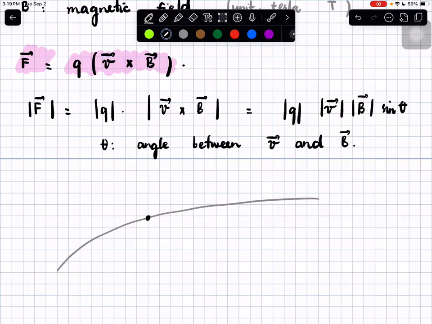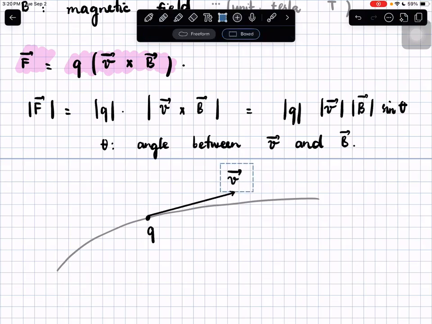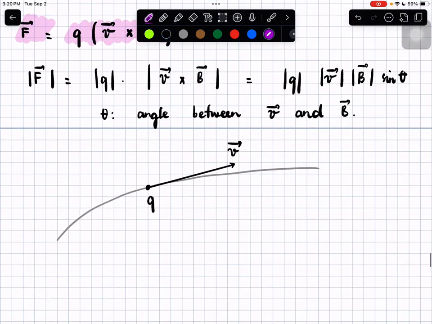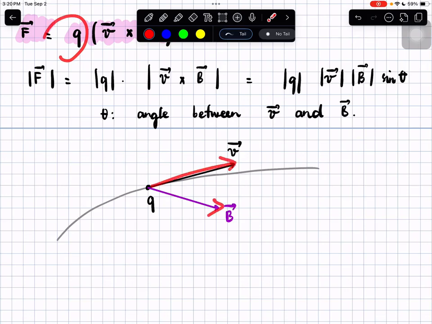We have Q, the charge here, and the velocity is a vector, vector V here. At this position, the magnetic field is vector B, like this. Then the force will be Q times the cross product of V and B. The cross product of V and B is the vector perpendicular to both of them.